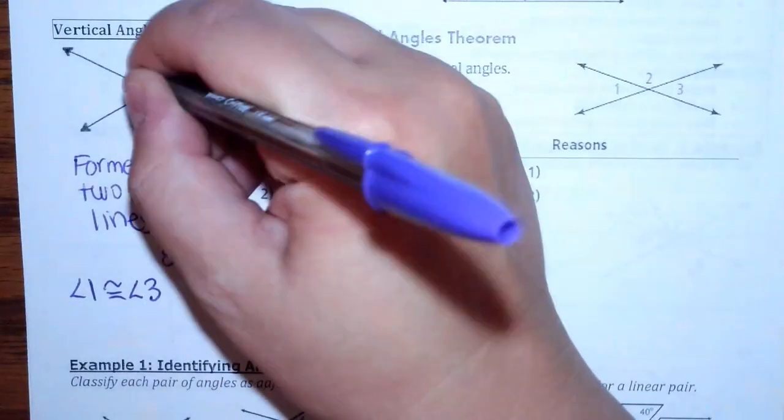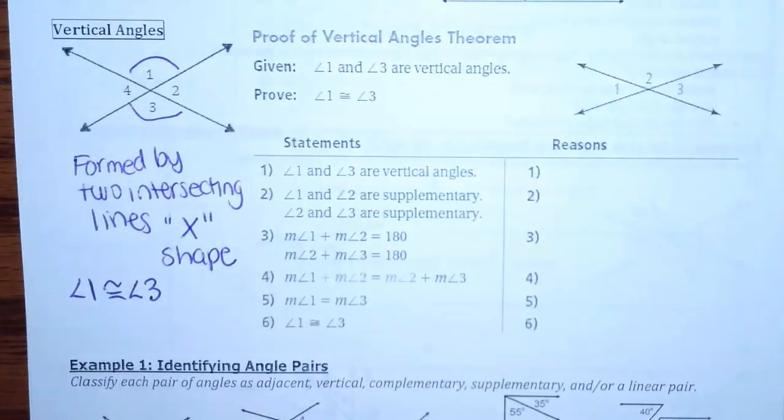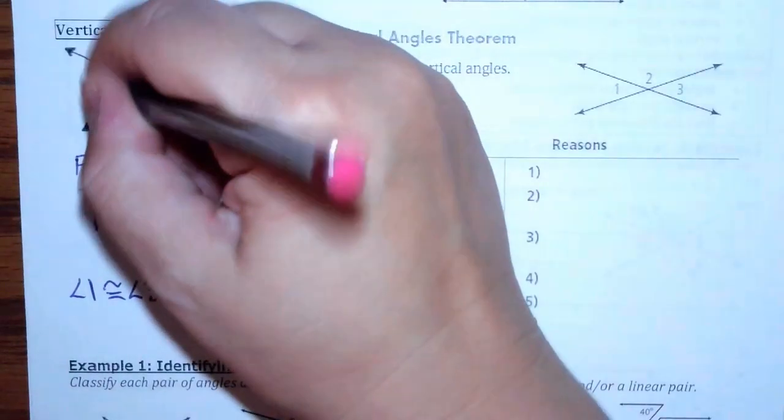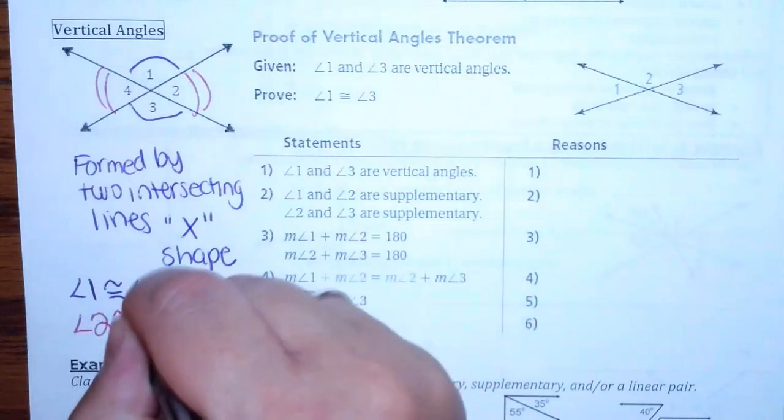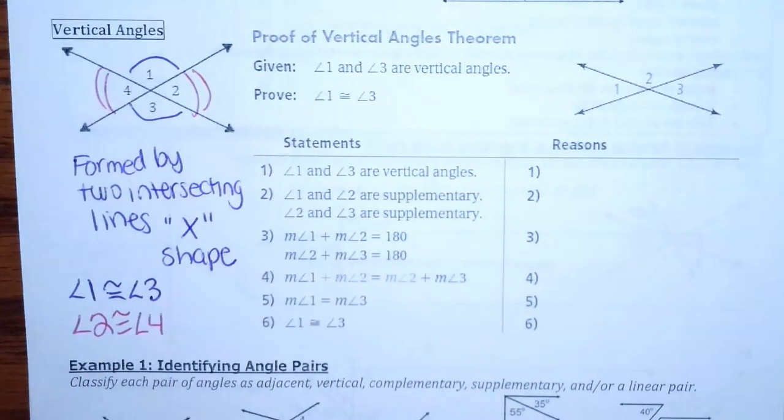And we're going to talk about this over here in this proof in 1 second, but they are actually congruent to each other. Okay. Also, angle 2 and angle 4 in that diagram are congruent, and those are a pair of vertical angles. So 1 and 3 are a pair of vertical angles. 2 and 4, they're across from each other in that X shape, and the special property there is going to be that vertical angles are going to be congruent to each other.